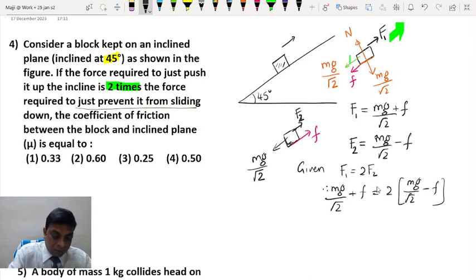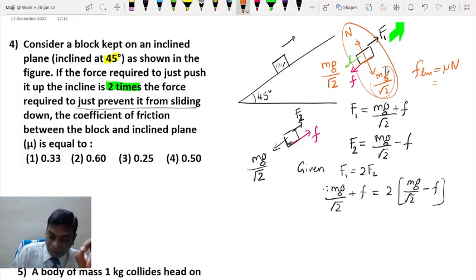Now students, try to understand the situation. The block is on the verge of moving. Whenever a block is on the verge of moving, friction will be equal to the limiting friction. Very important. The formula for limiting friction is mu into normal reaction. Since the forces perpendicular to the inclined plane balance each other, N will always be equal to mg by root 2.